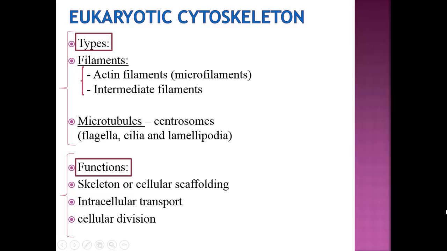There are three main functions for the cytoskeleton. As the name suggests, it provides a skeleton or a scaffold at the level of the cell. It also provides intracellular transport and has important functions during cellular division.